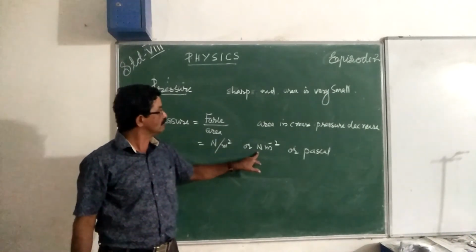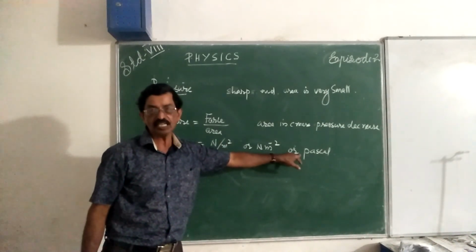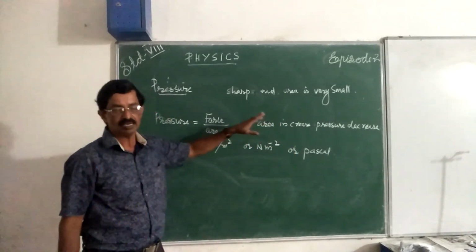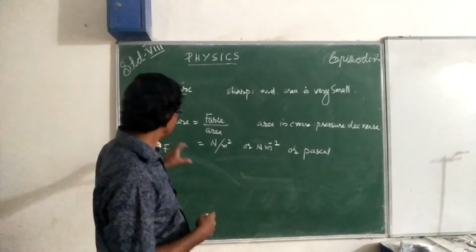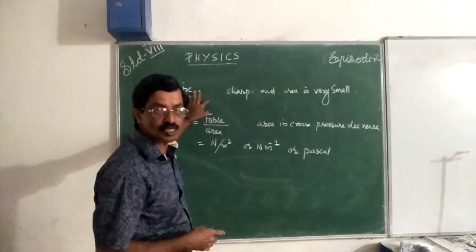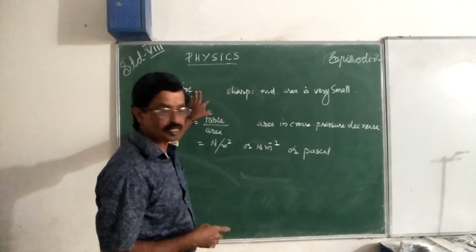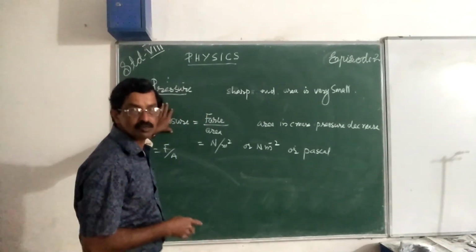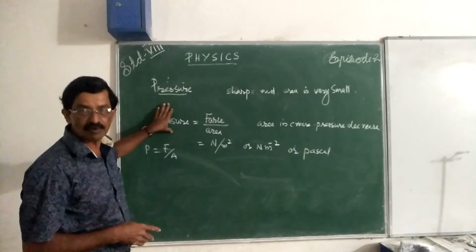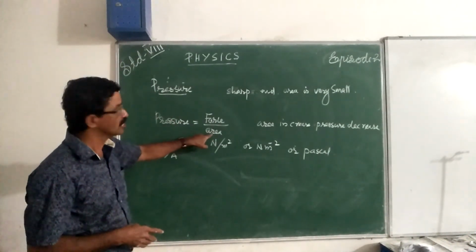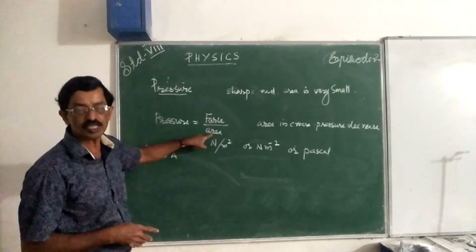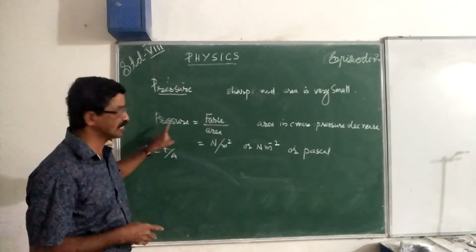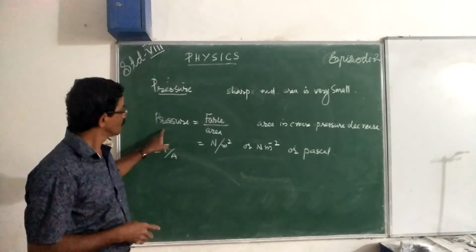So Newton per meter square, or Pascal, is the unit of pressure. What is the difference between pressure and force? Actually, pressure is also force. But what is the difference? It is the force acting over a unit area. Force acting over a unit area is actually pressure.